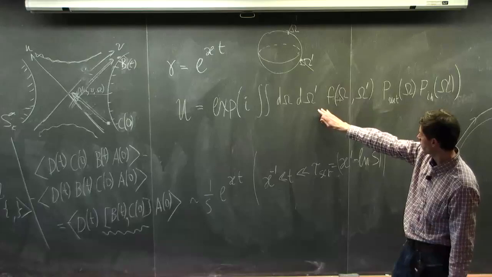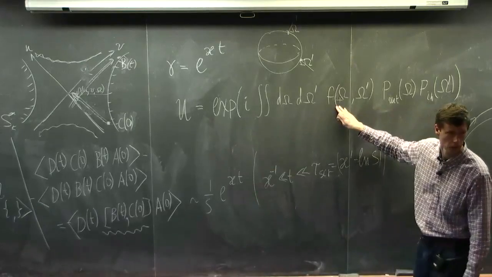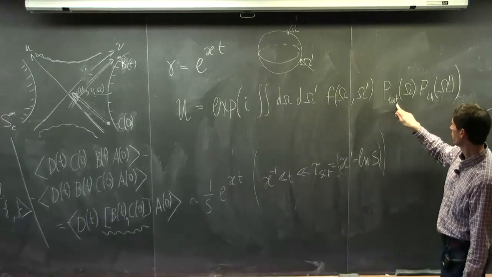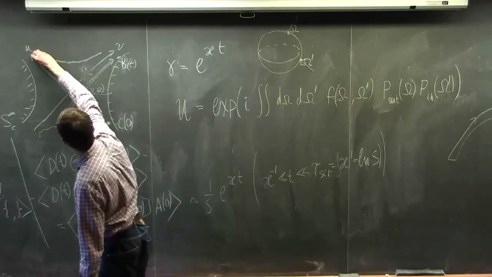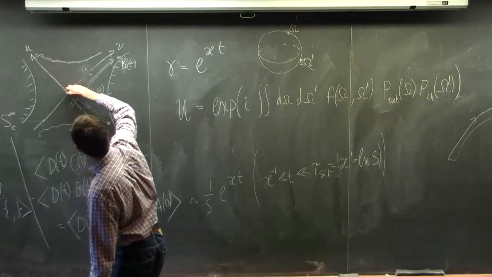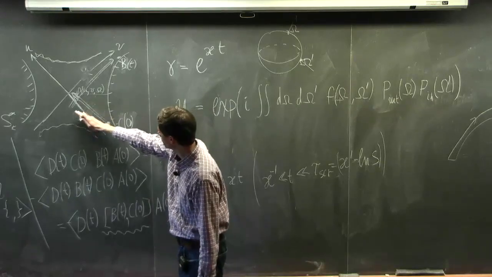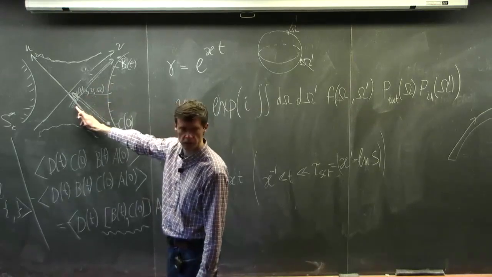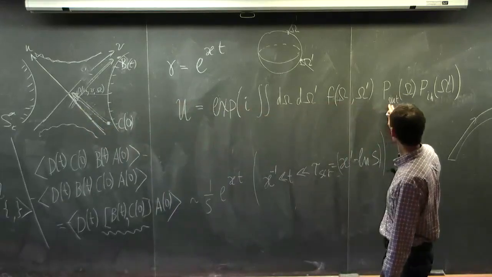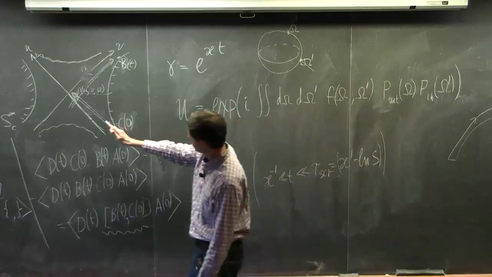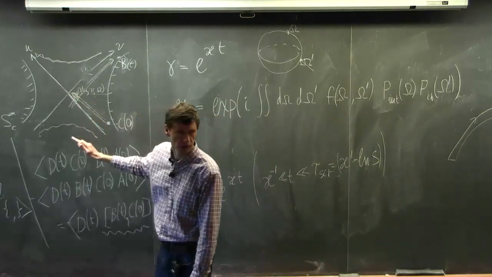Maybe I should explain how to derive this formula out of this. Let me define kappa out. We have this past horizon, and any outgoing particle crosses this past horizon. P out is a generator of translation along the past horizon.